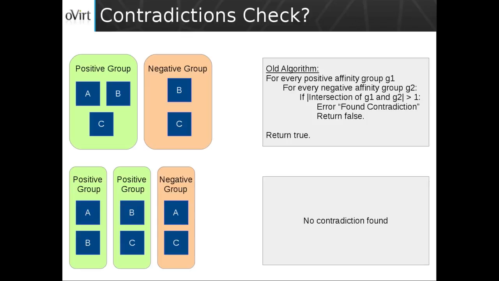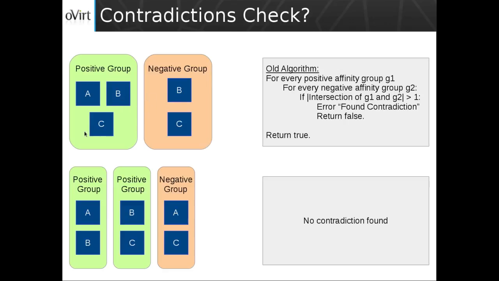So how do contradiction checks work? Here we have two affinity groups, one positive and one negative. We are checking these affinity groups for contradictions using the old algorithm. Here you can see VM A, VM B, and VM C. This and this are the same VM.